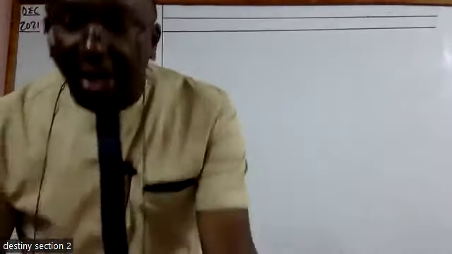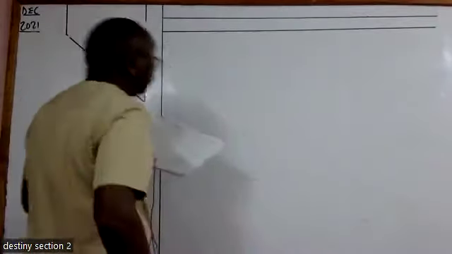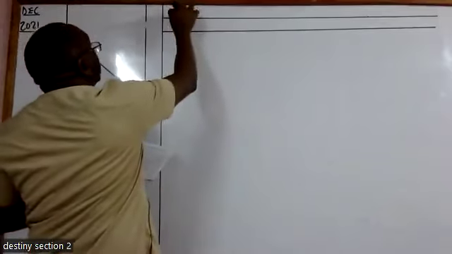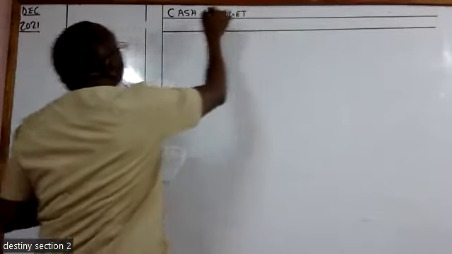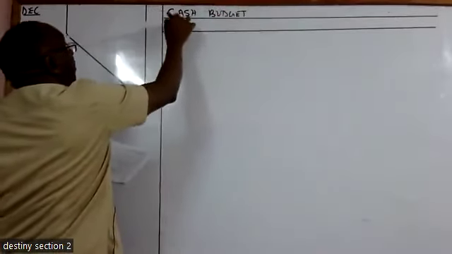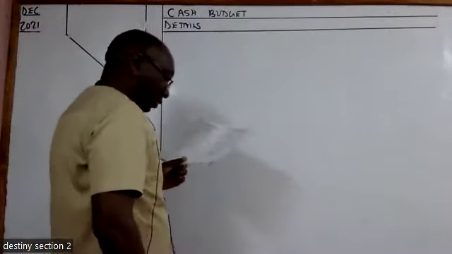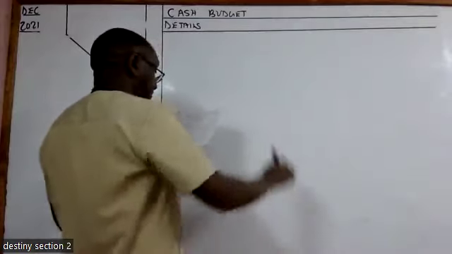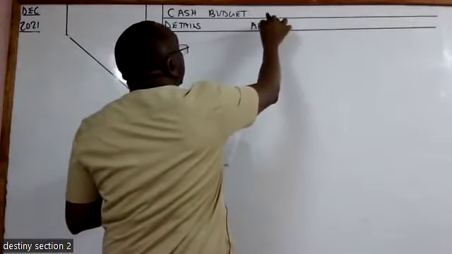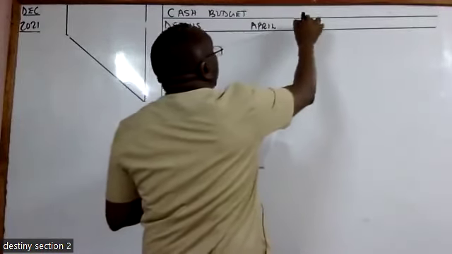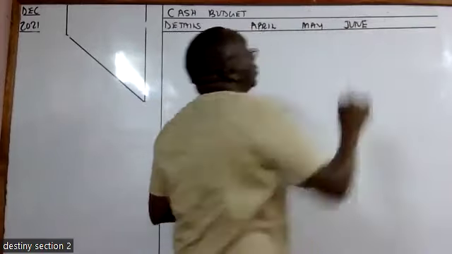So the question is on cash budget. Cash budget. So if it's on cash budget, we have details here. Then we are told to do for 3 months. We have April, we have May, and we do have June.